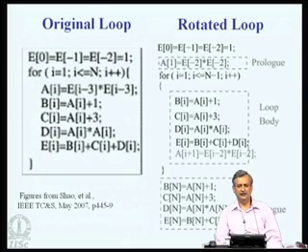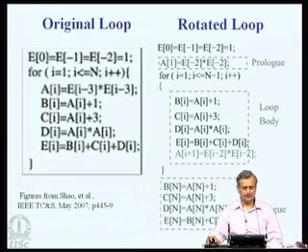So, let us see what exactly is rotation of a loop. Let us assume that we have a loop of this kind, there is some initialization here, and then we have a for loop with 5 instructions.